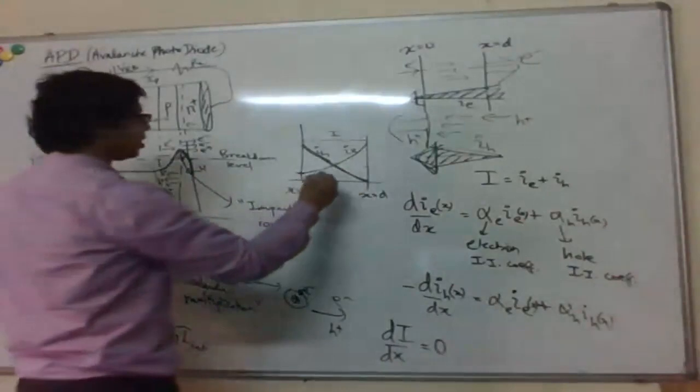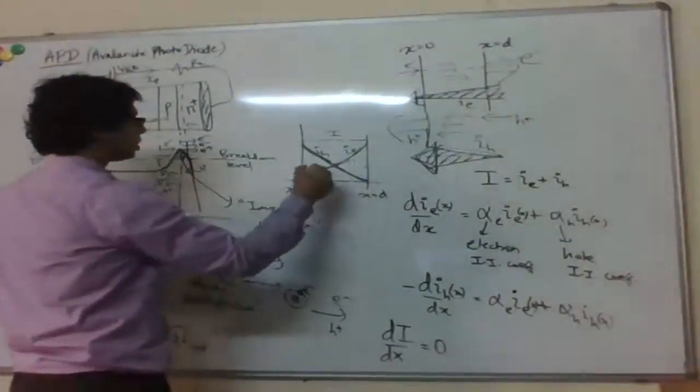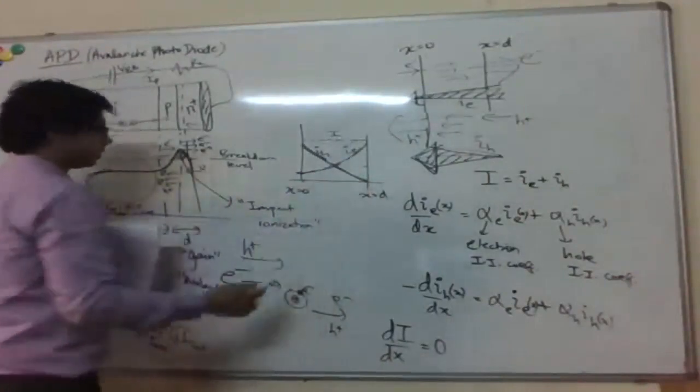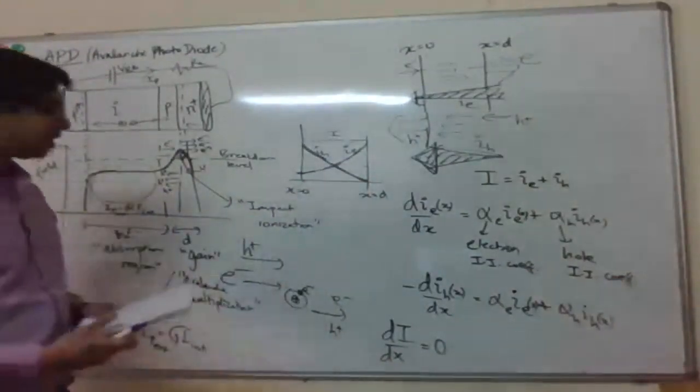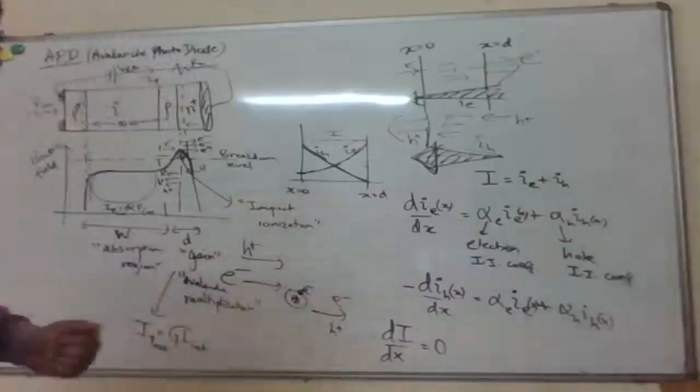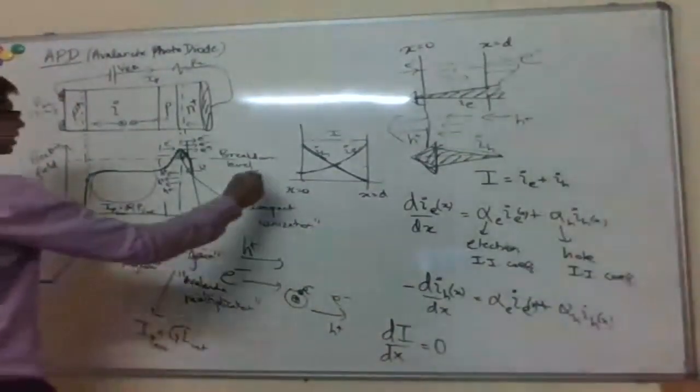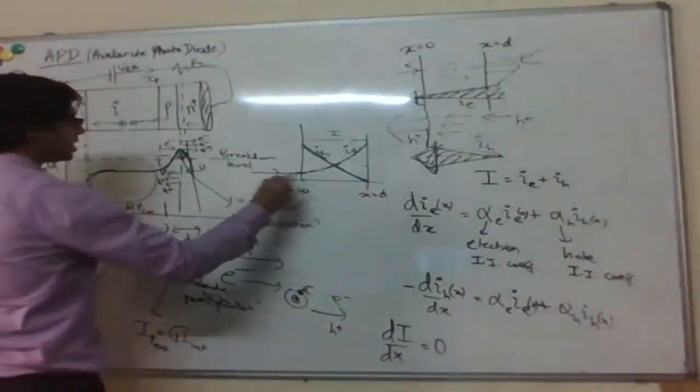And this impact ionization is also creating more holes here, because every time you create an electron, you also create a hole. So this is a current coming from the intrinsic region.